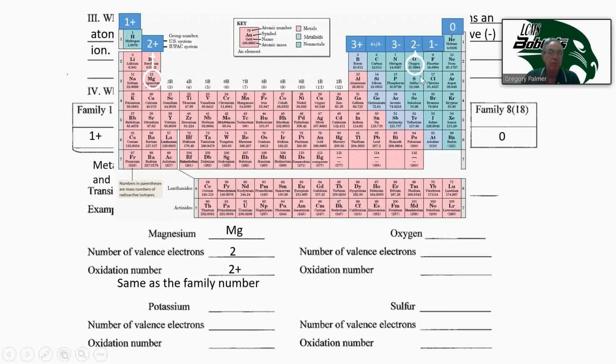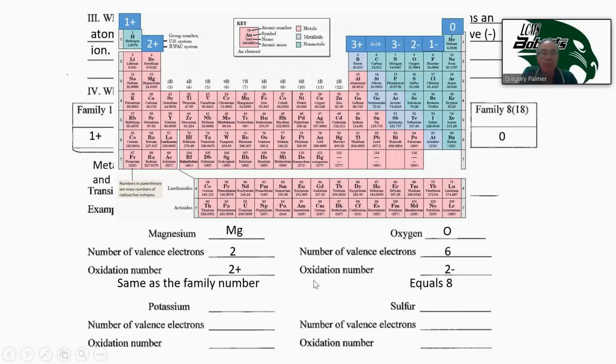In family 6, we find oxygen. It's simply O. It's in family 6, so it has 6 valence electrons, and its oxidation number is 2 negative. And remember, on this side, the family number, the valence electrons, plus the oxidation number equals 8.